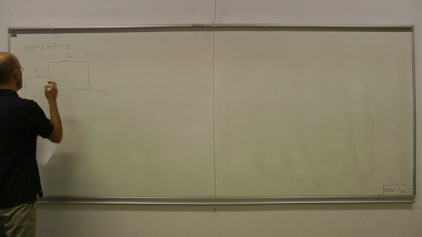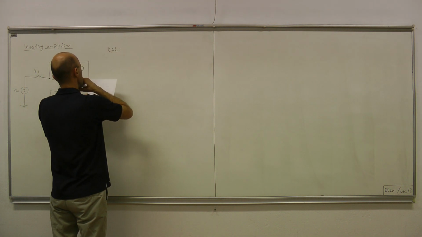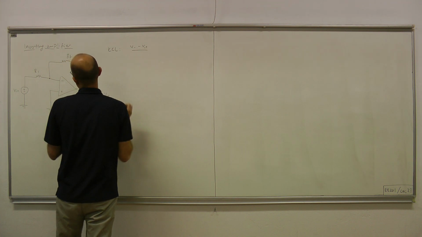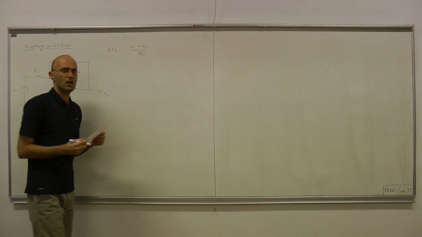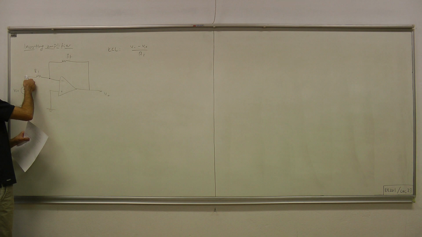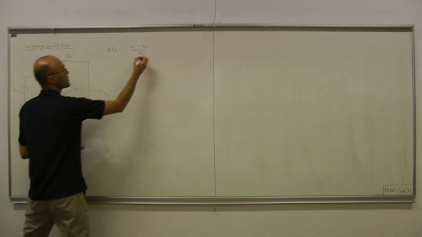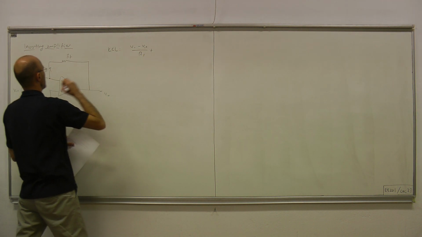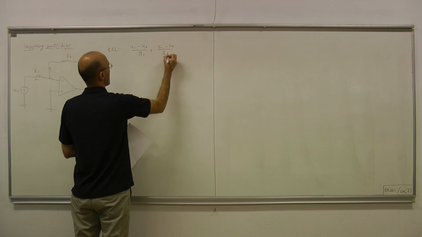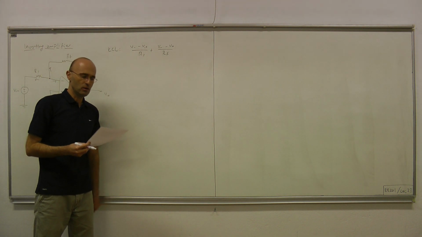So let's write KCL at this node. This node voltage is called V minus. So V minus minus V in divided by R1, we're talking about this current, plus this current, which is V minus minus V out over RF, and finally plus this current must equal 0.